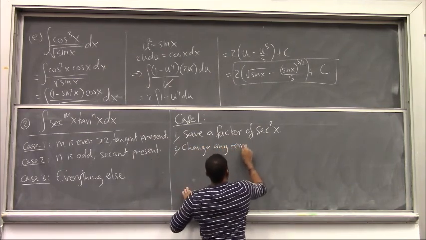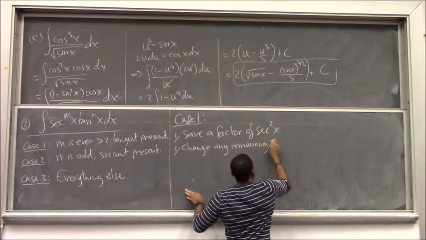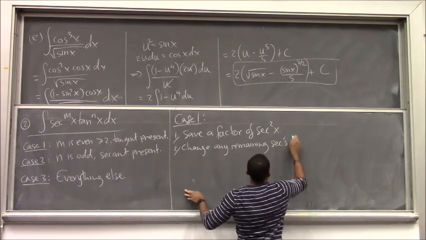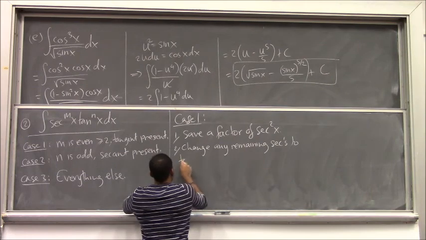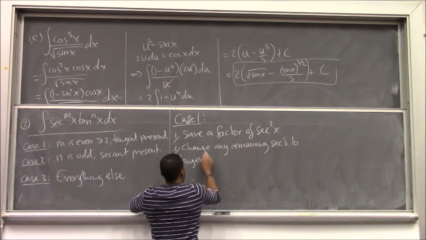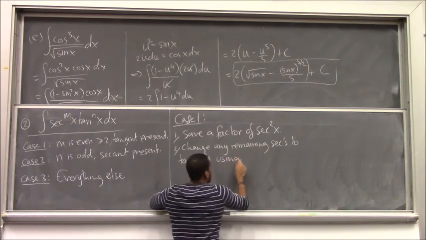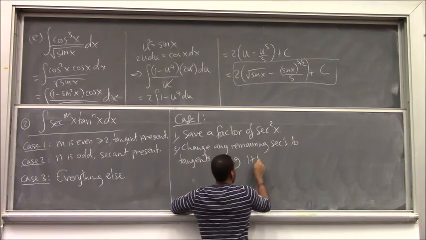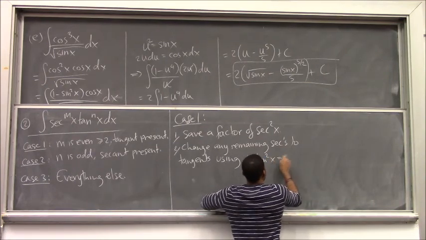Two, change any remaining secants to tangents using the Pythagorean identity. So we know that 1 plus tangent squared equals secant squared.